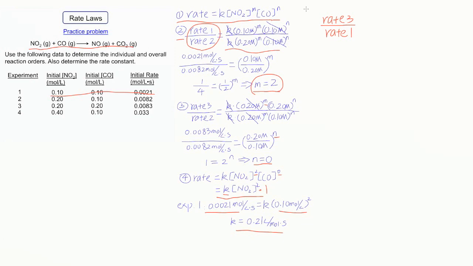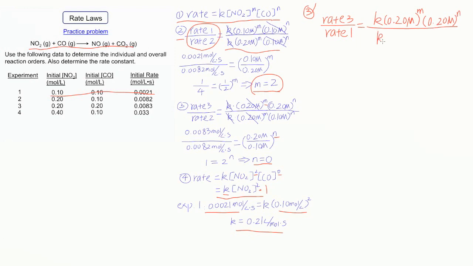So this is an alternative procedure to solve n. Let's call that step 3 prime. Again, we follow the same strategy. You have k, you have rate 3, and the concentration of the NO2 is 0.20 mole per liter to the m, and the CO concentration is 0.20 mole per liter to the n.